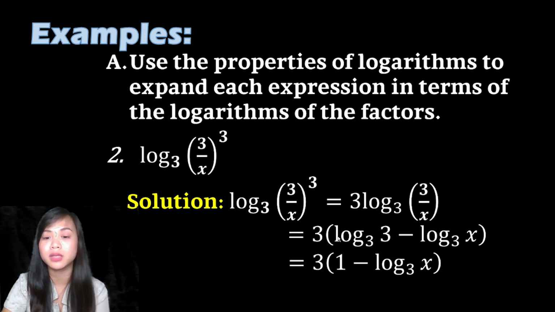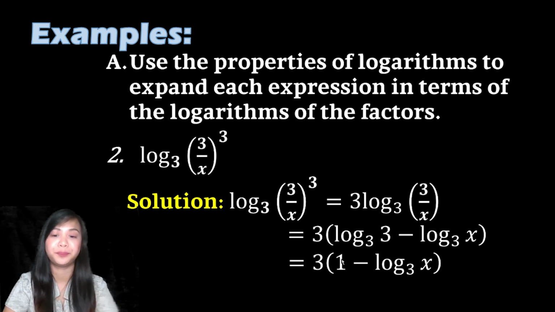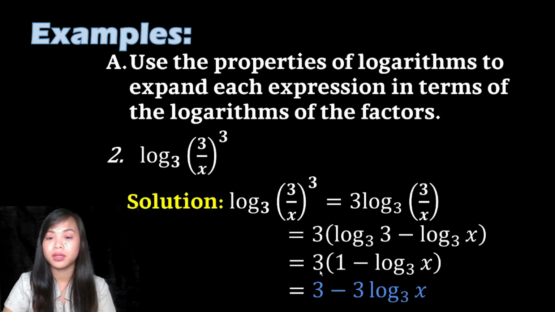How does it become 1? Log base 3 of 3 is equal to 1, since our power here is the same as the base, meaning the exponent is equal to 1. And when we distribute, 3 times 1 is equal to 3, then 3 times negative log base 3 of x. So we have 3 minus 3 log base 3 of x. This is our expansion of this logarithm expression.